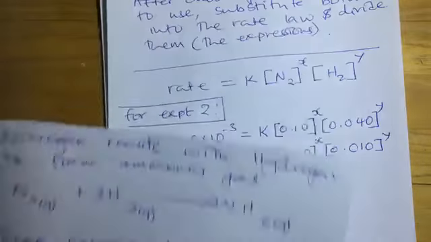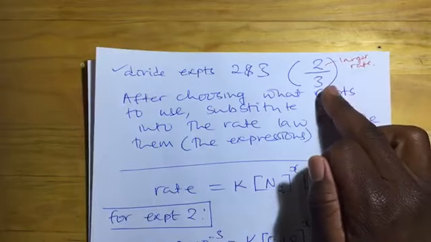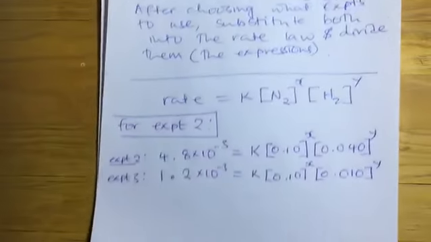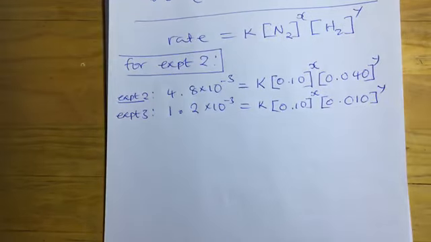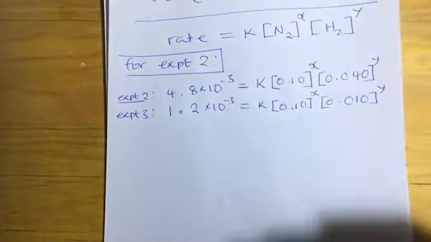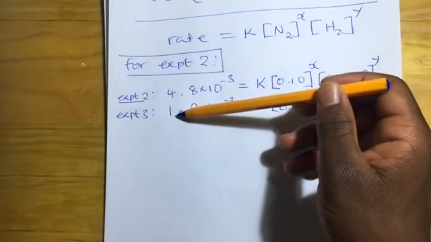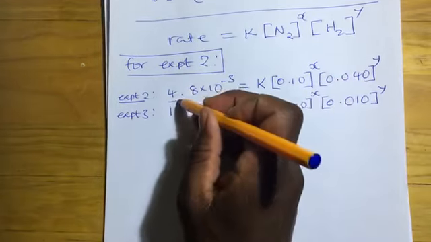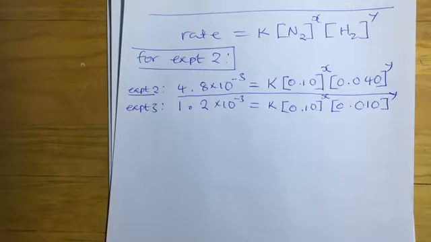We said we are going to divide experiment 2 by experiment 3. And I want you to pay attention to the way that I've written them. I've written what I want us to have as our numerator on top, and then I've written what I want us to have as our denominator below. So I'll just put an over to divide the two expressions.